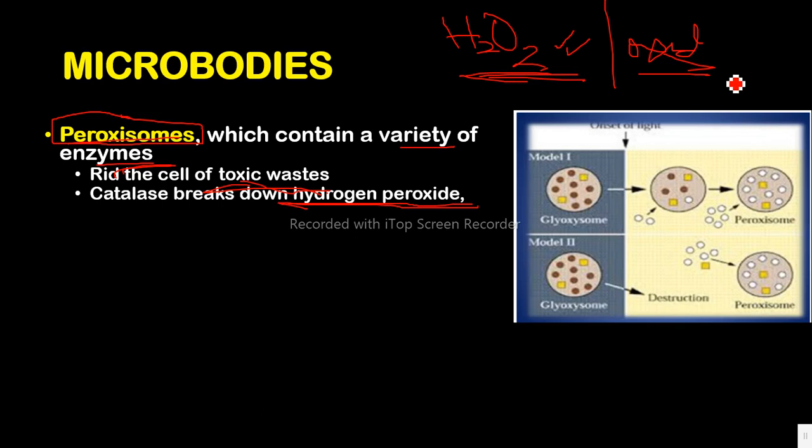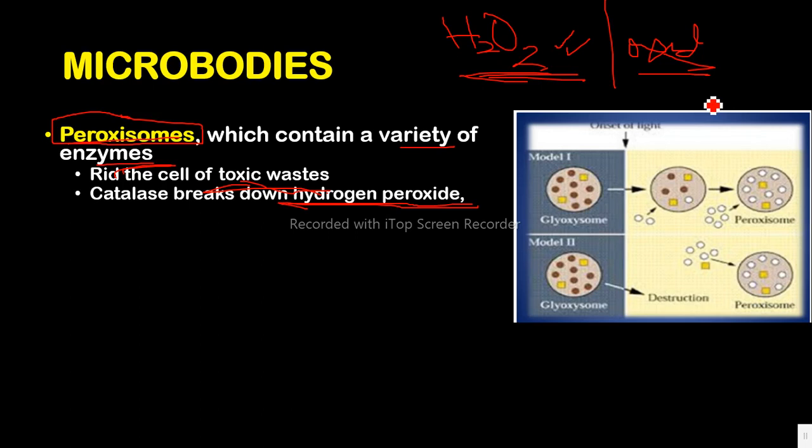Now, to avoid that, you produce these peroxisomes that will have enzymes that will break it down.